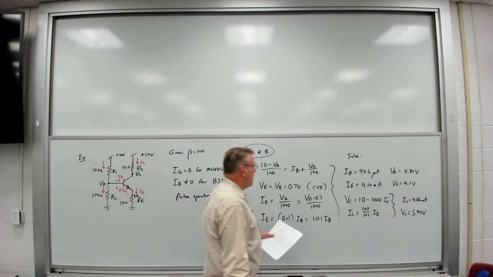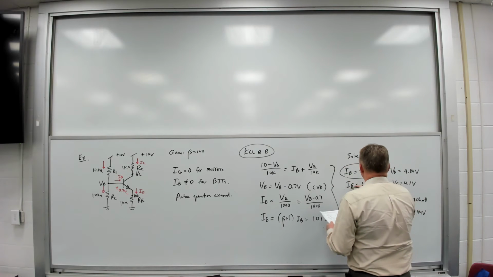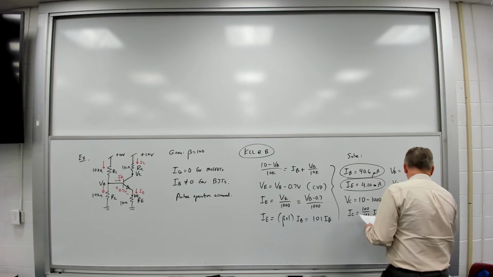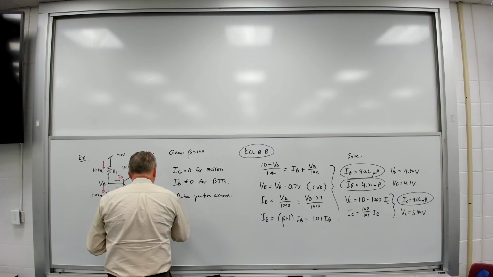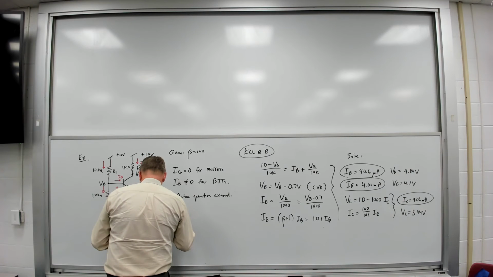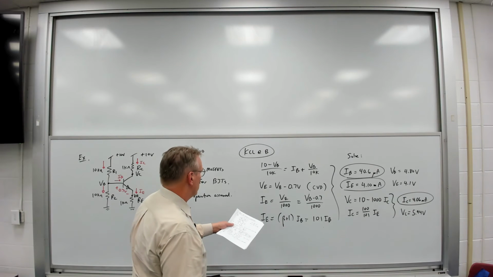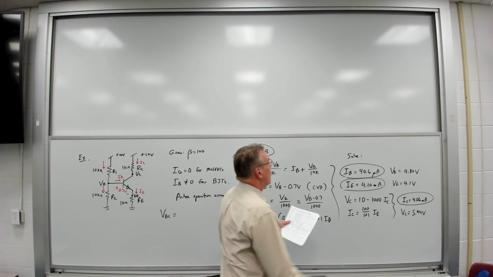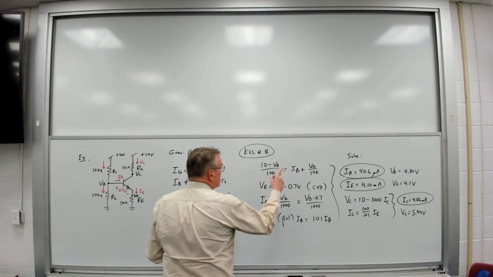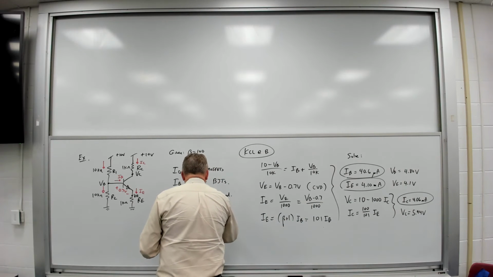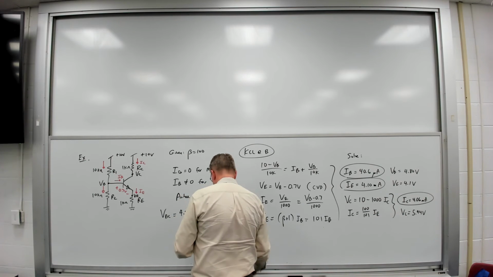So now if I plug in these values, here's IB, IE, and IC that I've calculated. If I check my voltages, VBC is going to be equal to VB, 4.80 volts, minus VC, 5.94 volts, which is equal to minus 1.14 volts.